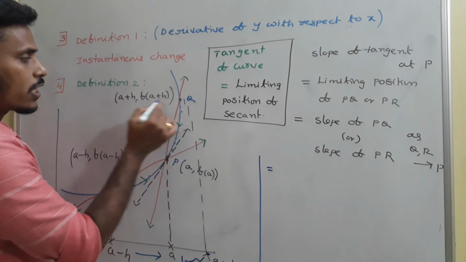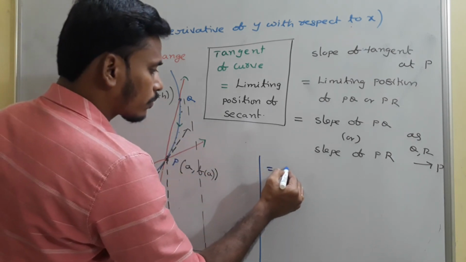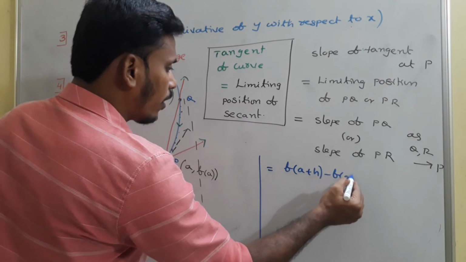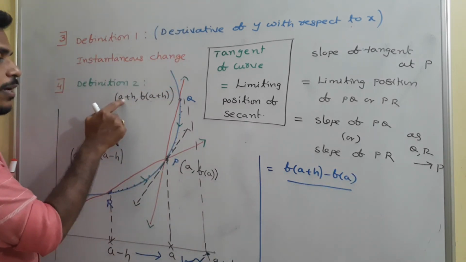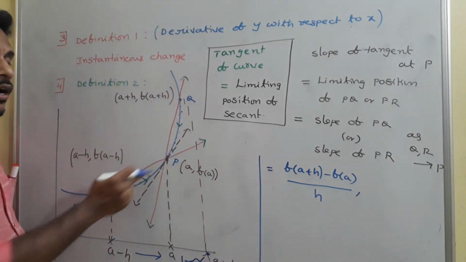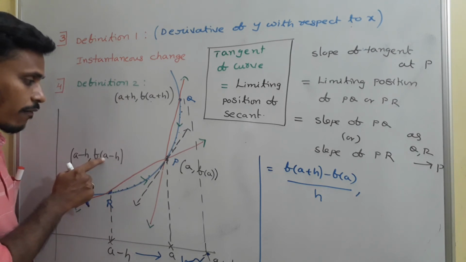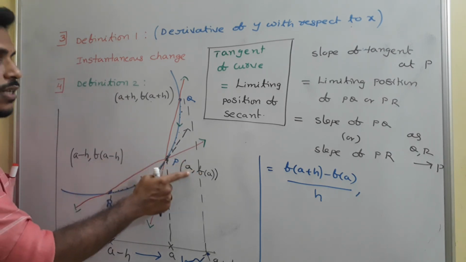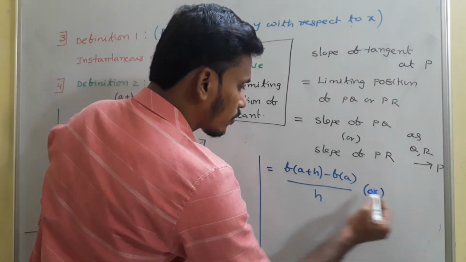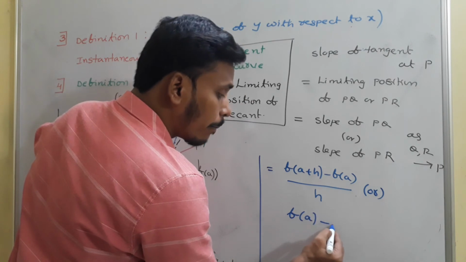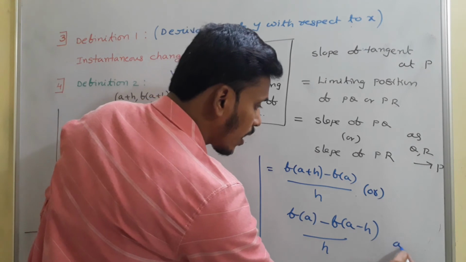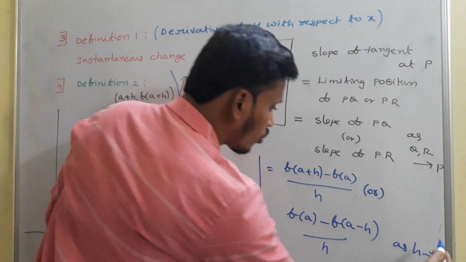So y2 minus y1 is f(a plus h) minus f(a), divided by x2 minus x1, which is a plus h minus a, that is h. The slope of PR is again y2 minus y1 by x2 minus x1, or f(a) minus f(a minus h) divided by h, as h tends to 0.